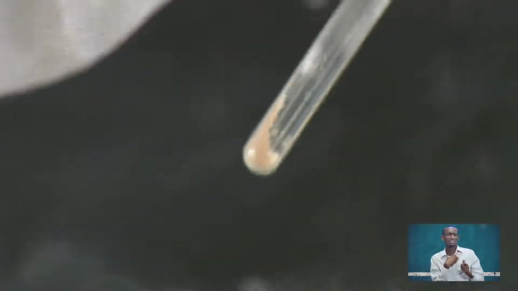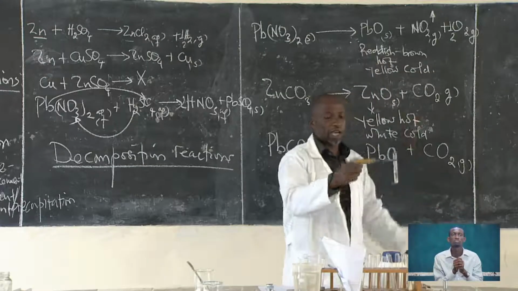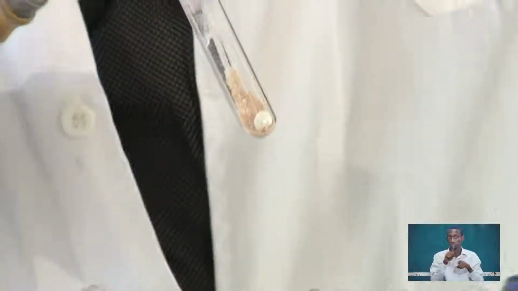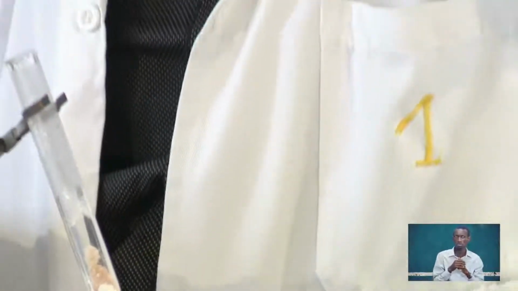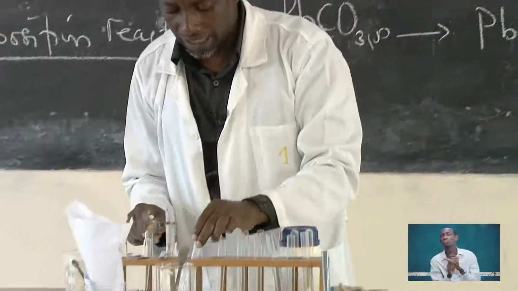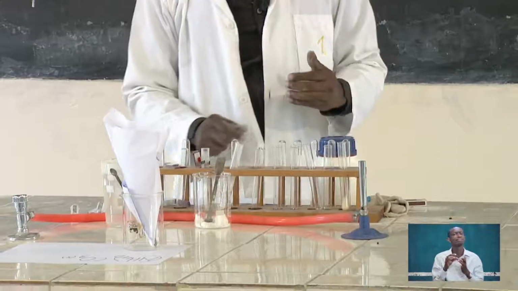That means the reddish brown, as we had seen before, turns to yellow on cooling. Just have a look at this. After some time it turns completely yellow. Like zinc oxide, which was yellow when hot and then white again, those are the unique characteristics of these oxides.